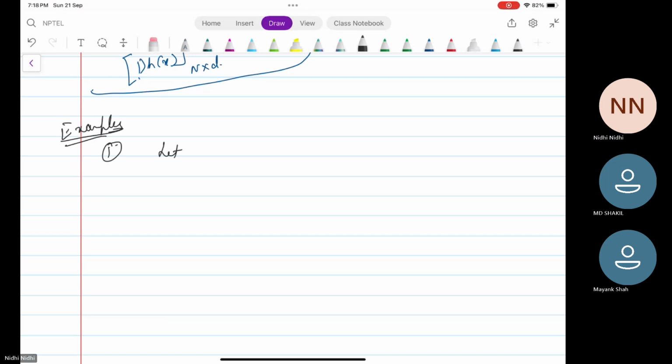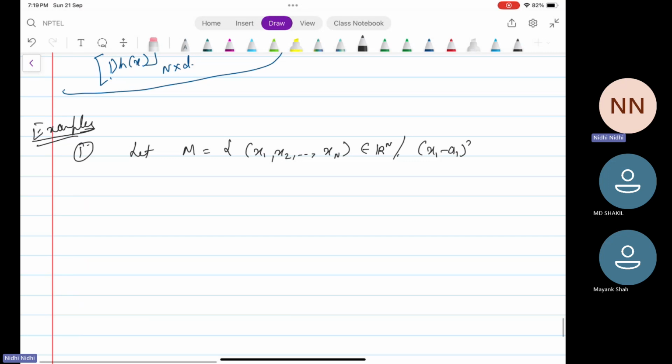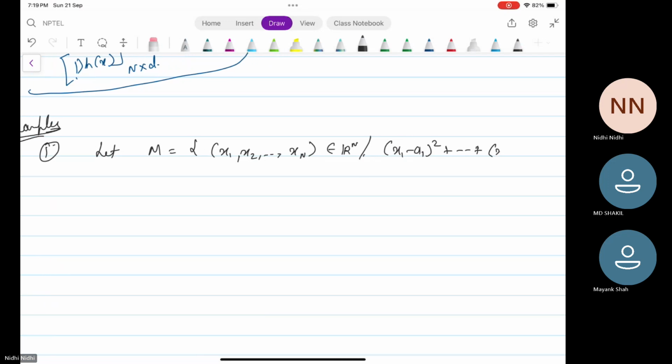Let M be the set of points x1, x2, ..., xn in R^n such that (x1 minus a1) squared, and so on up to (xn minus an) squared, equals r squared, for some fixed a, which is (a1, a2, ..., an) in R^n, and r positive.